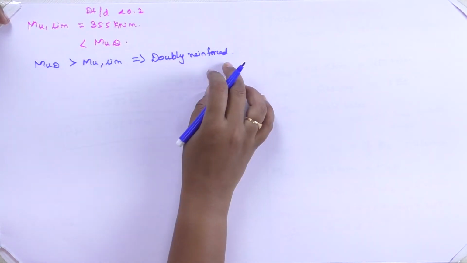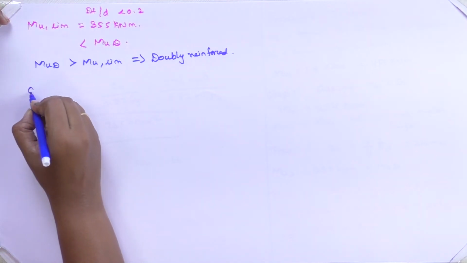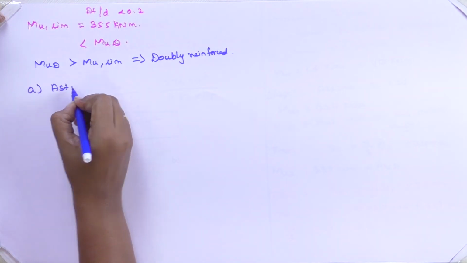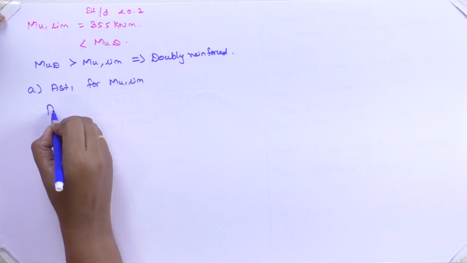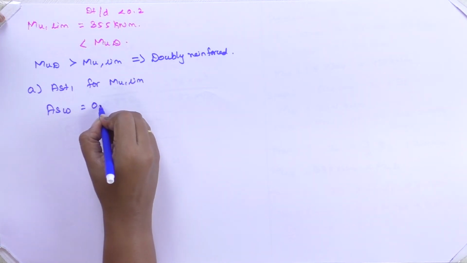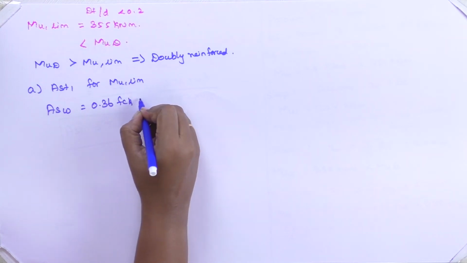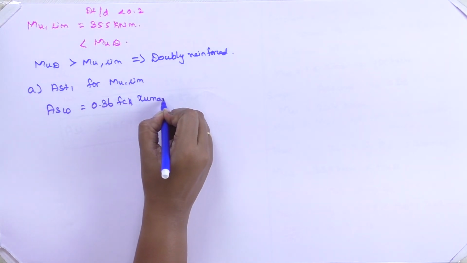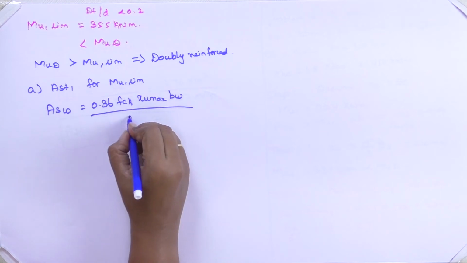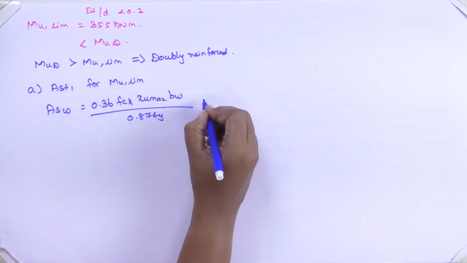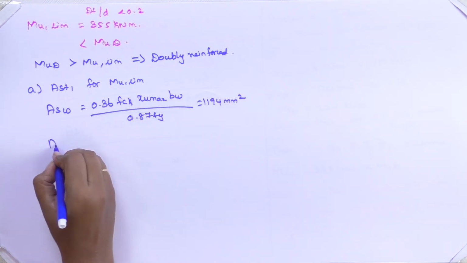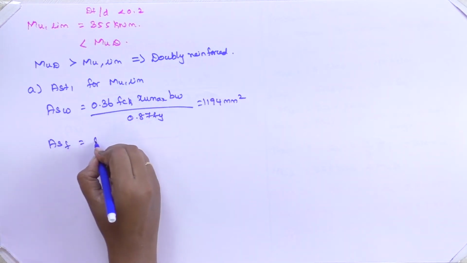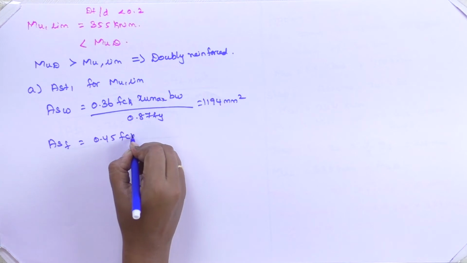Okay, now I know that it is a doubly reinforced section, so I'll provide AST1 for MU limit. ASW is equal to 0.36 FCK XU max BW divided by 0.87 Fy. I'll get around 1194 mm square. Then for the flange value, that is 0.45 FCK.